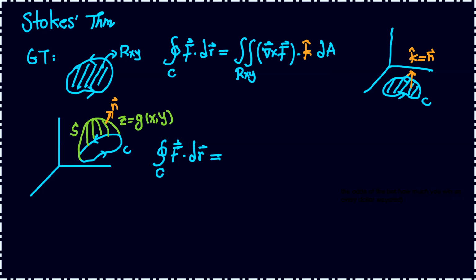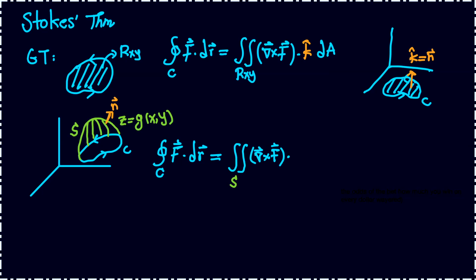But Stokes theorem says that, like Green's, this is a double integral, which happens to be a surface integral over the surface S of the curl of f. But there is no k hat.